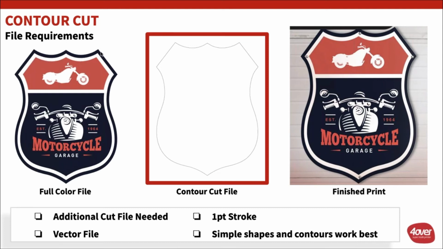You can just trace this image out just like this as a 1-point stroke, and that's it. You save that file out, just looking like this as a 1-point stroke line. Save that file out as an EPS, and we will follow that line and cut out the shape that you suggest here, just like that.